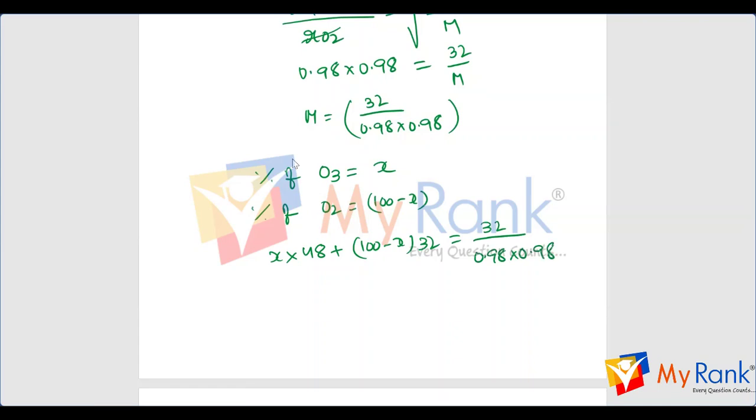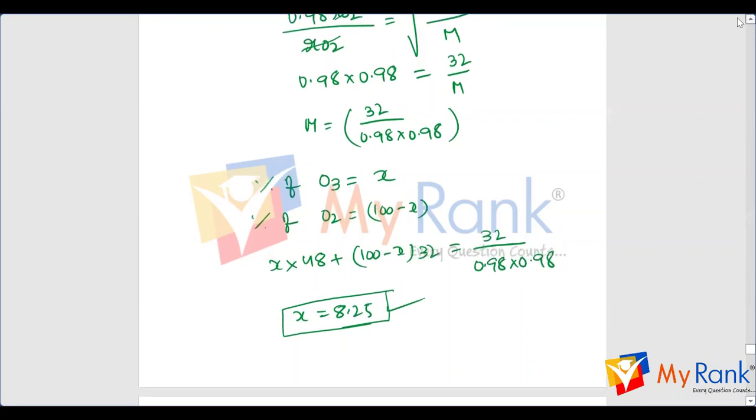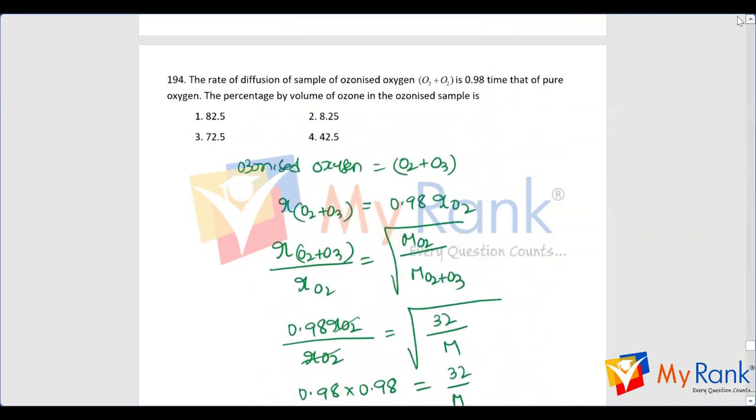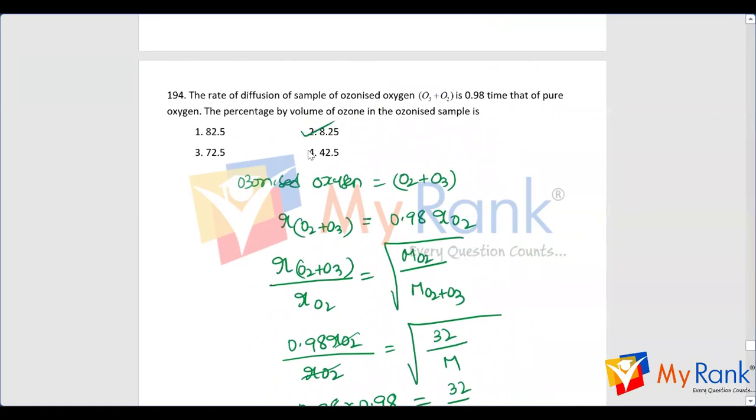If you simplify this, we get the X value, which is simply 8.25. So therefore, your correct option is the second option. We have calculated the molecular weight of the ozonized oxygen, and from this we have calculated the percentage X. So your answer is 8.25.